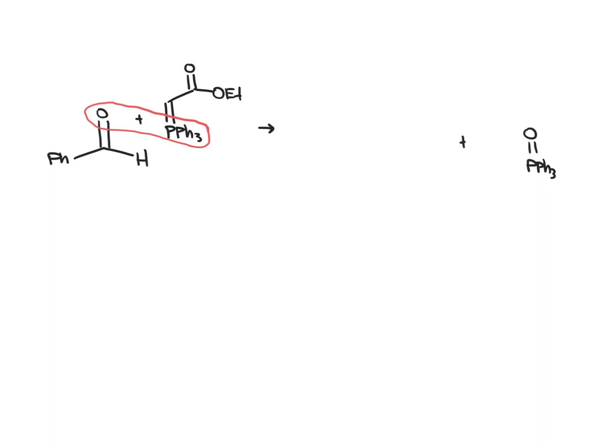And the carbon of the aldehyde will now be doubly bonded to the carbon of the ylide. And in this reaction, with this particular ylide, the E alkene is preferred.